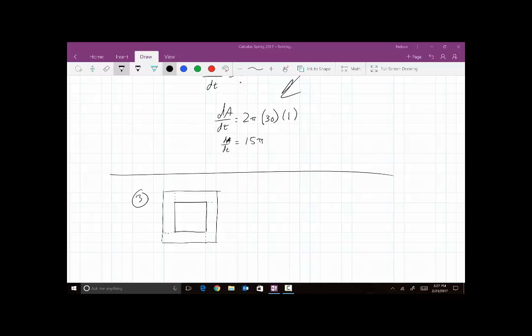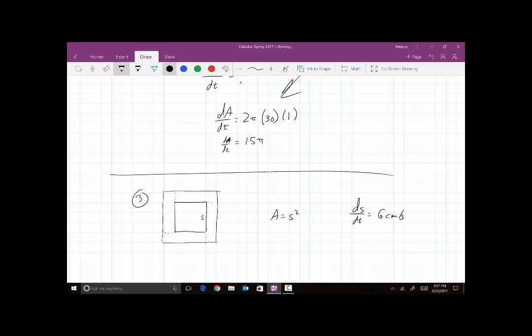Now, usually we call the side of a square s, and that means the area is going to be s squared. We're told each side is increasing at a rate of 6 centimeters per second, so we're told ds/dt is 6 centimeters per second.